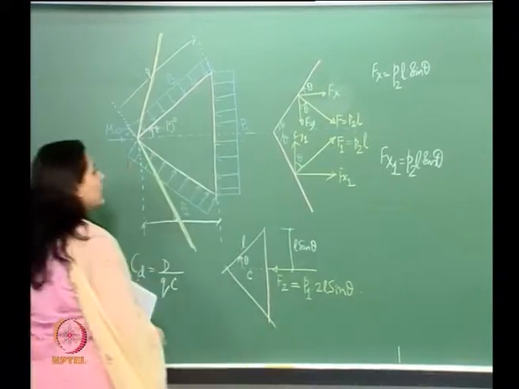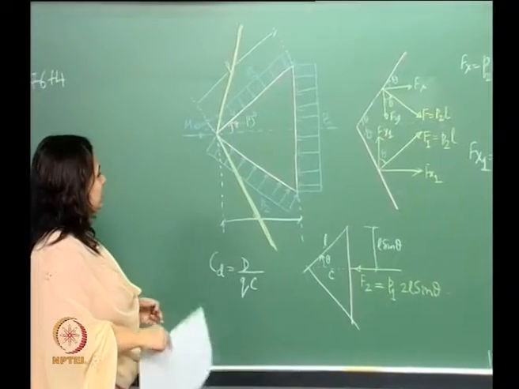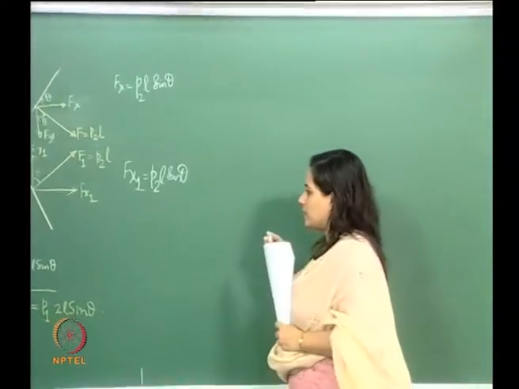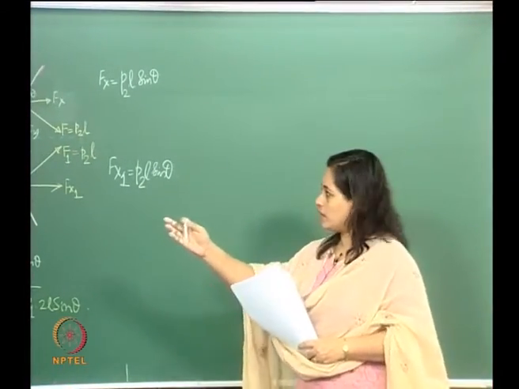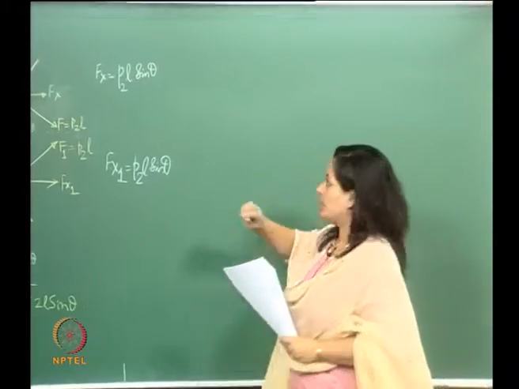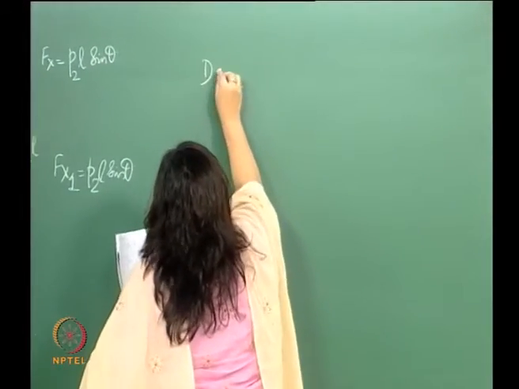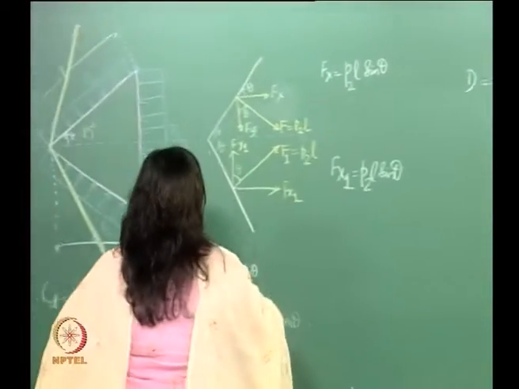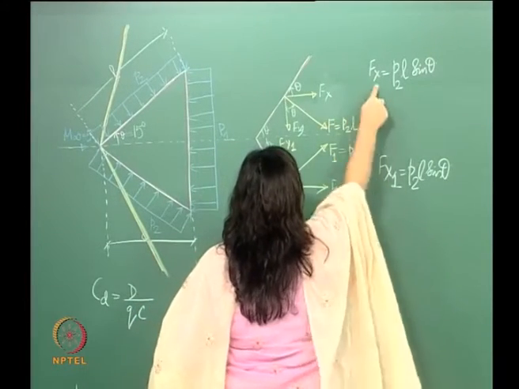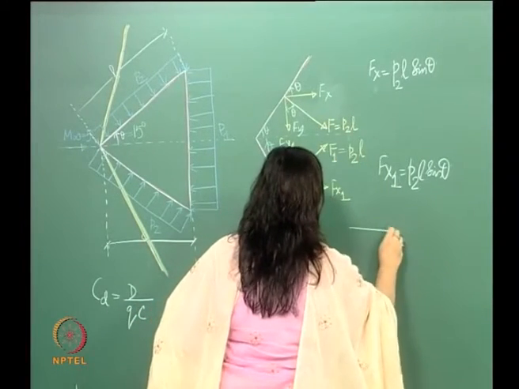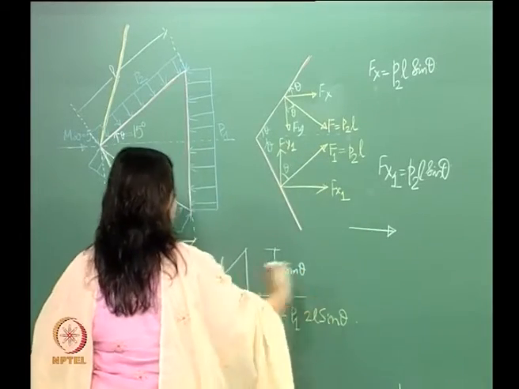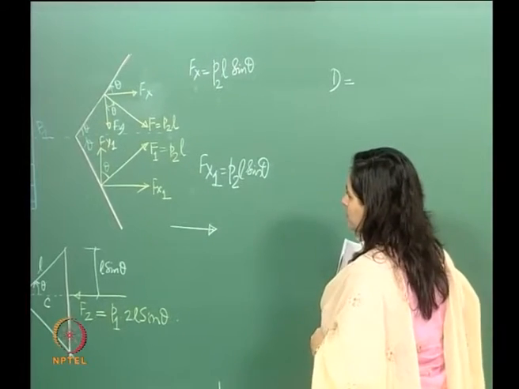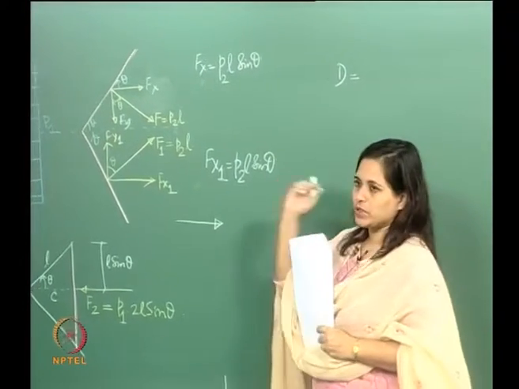So if I do that, now what we will do here is get the drag. How do we write the drag now? Drag is basically the total force in the horizontal direction, in the direction of the free stream. But it's important to see here that Fx and Fx1 are in this direction, and F2 is in the horizontal direction here. Drag is basically opposite to the free stream.